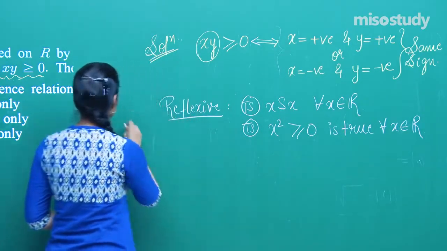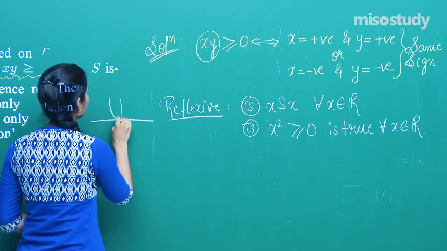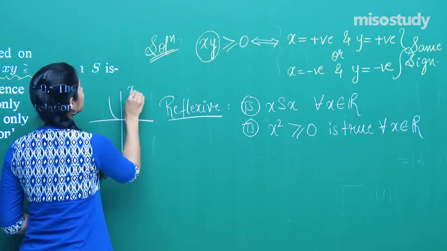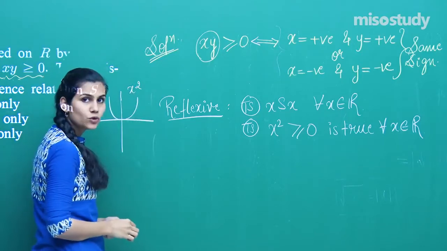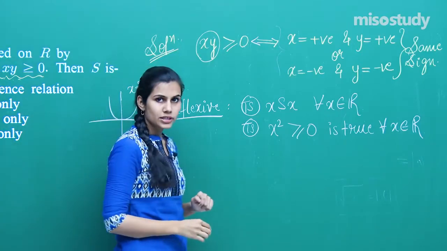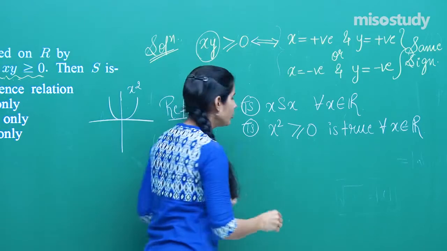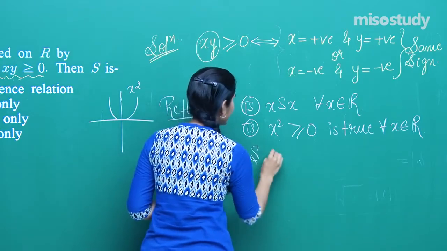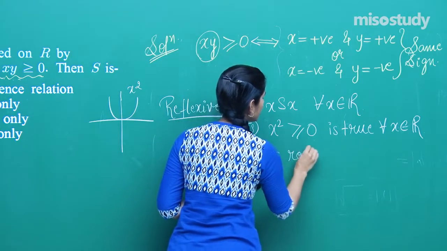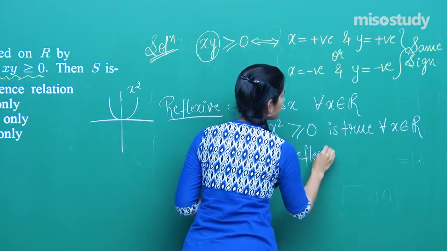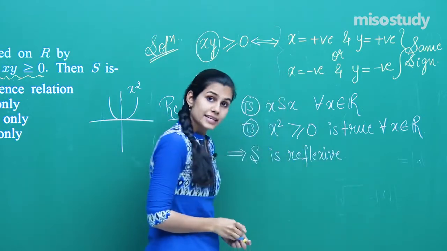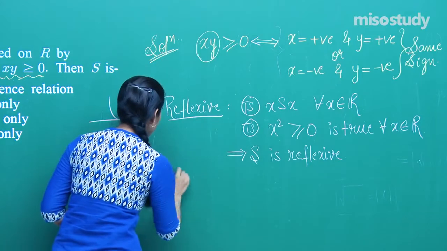We also know the graph of x square: it only obtains non-negative values in its output, and that is why this is true, which implies relation S is reflexive.